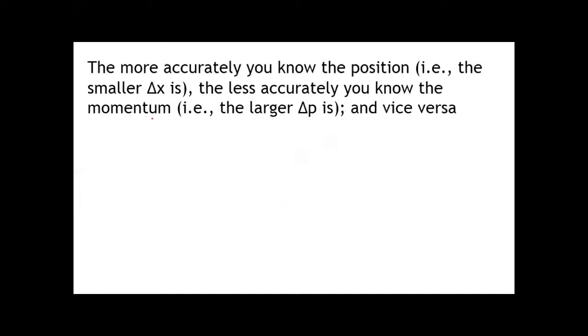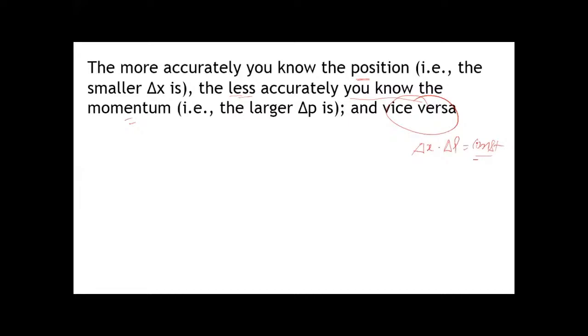He also says that the more accurately you know the position, the less accurately you know the momentum, and vice versa. I already explained it to you. Delta x dot delta p is constant.